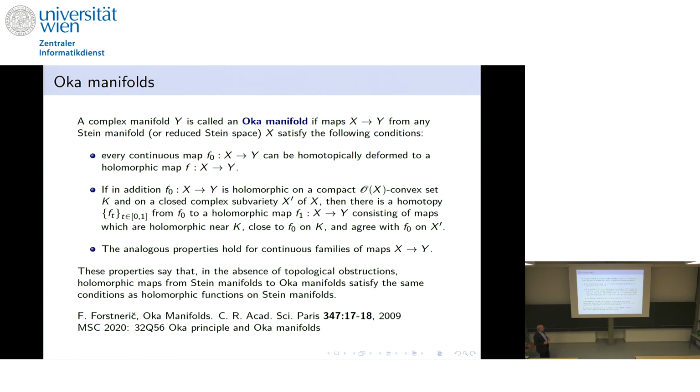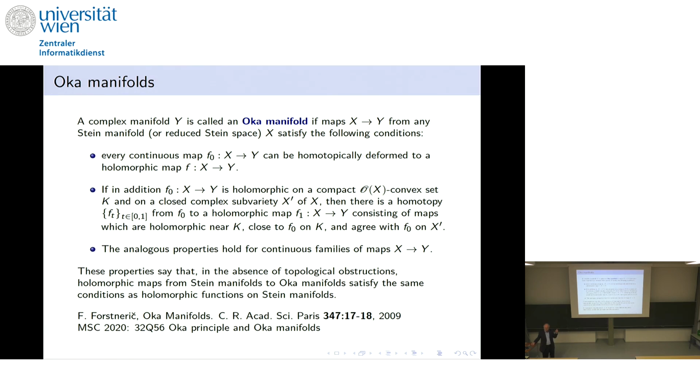Now I could say a lot about the properties of these manifolds. First of all, it's not hard to see that you can map Euclidean space. If Y is Oka, then you can map Euclidean space, X equal to C^n, with n being the dimension of Y, onto Y surjectively so that it's strongly dominating.